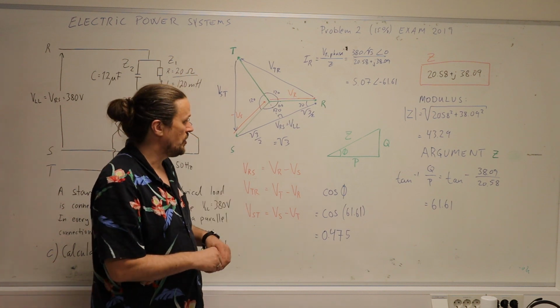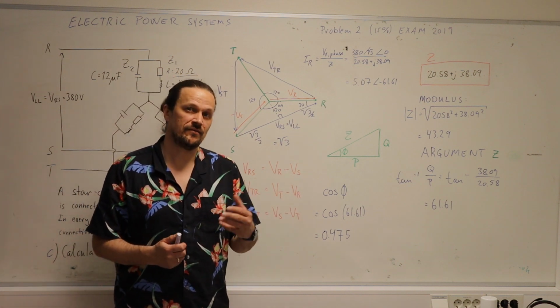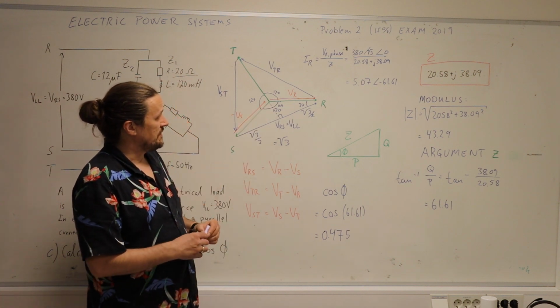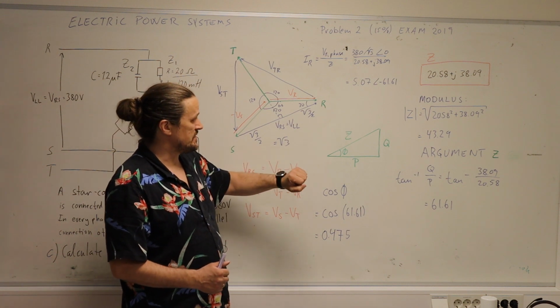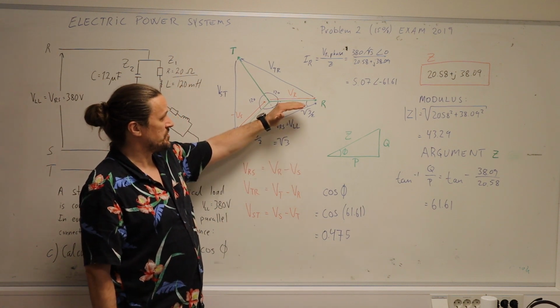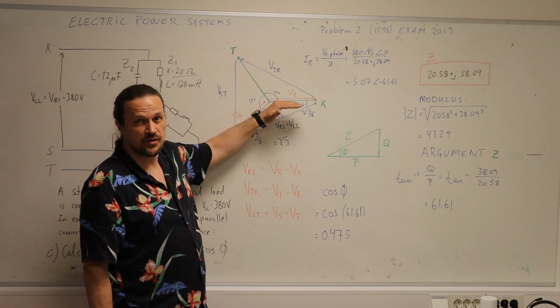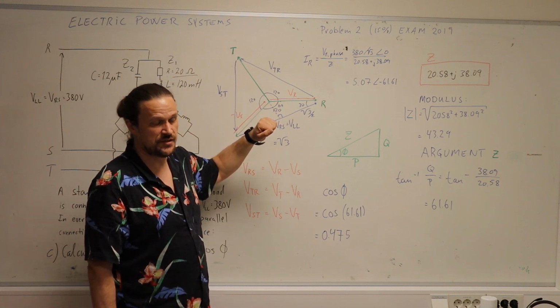And when we take the cosine of that value, we will then get the ratio. Because it's really explaining how this impedance is managing to deviate the composition that is made from the line current to the phase voltage.